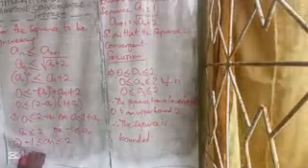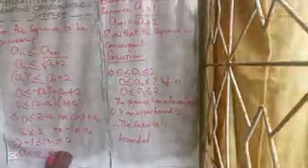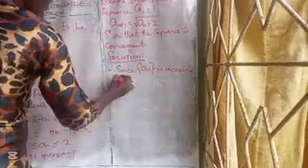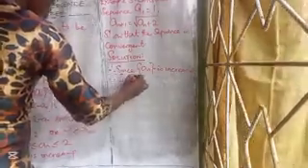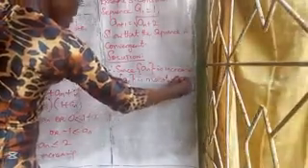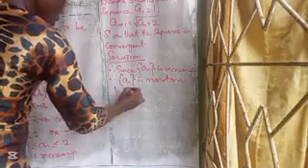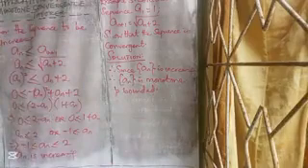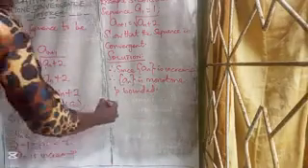Therefore, a sub n is increasing. And since a sub n is increasing, a sub n is monotone and bounded, as we have initially shown before.